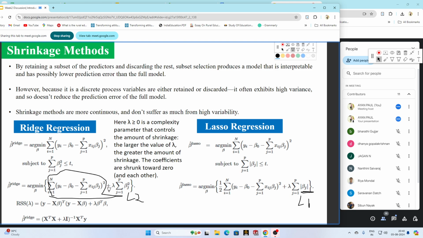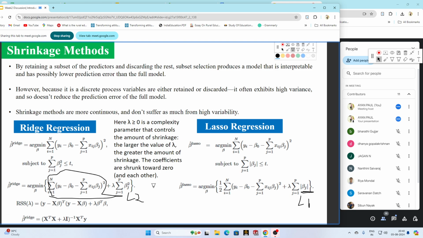If we add the coefficient that we want to decrease to the residual sum of squares, our RSS will increase, and that is a penalty. This penalty will decrease the beta value. By that we can reduce the dimensionality of the inputs. Okay, so two methods are there, ridge and lasso.